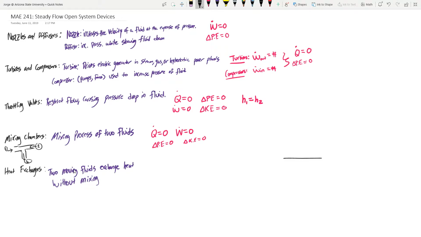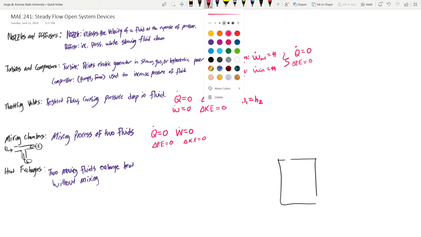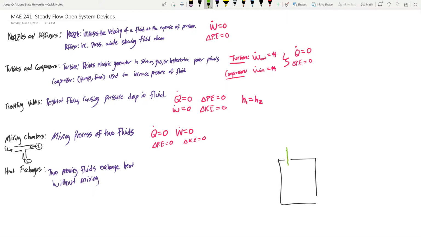So just sketching this out real quick. So if you have, let's say, one fluid here, a green fluid, right? The green fluid goes in, green fluid leaves. But let's say you also have a purple tube in here. And in this tube, you have purple fluid going in. You have purple fluid also going out.